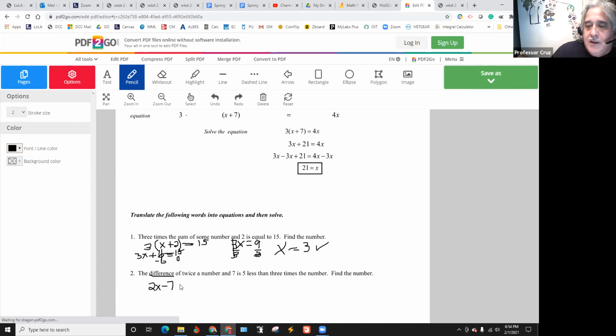That's what difference is. Is 5 less than 3 times the number. So 3 times the number, take away 5. Tell me if I got that right.